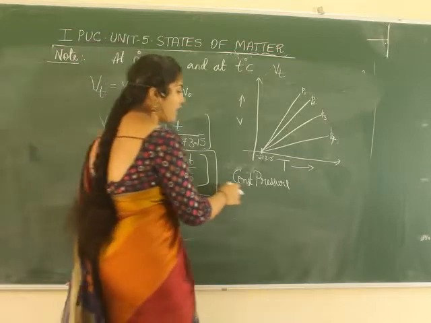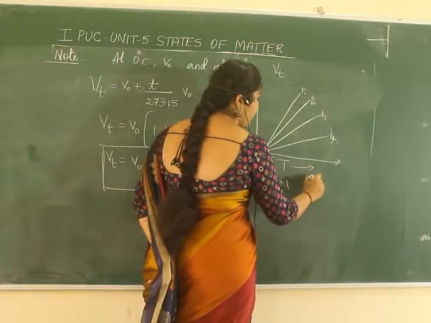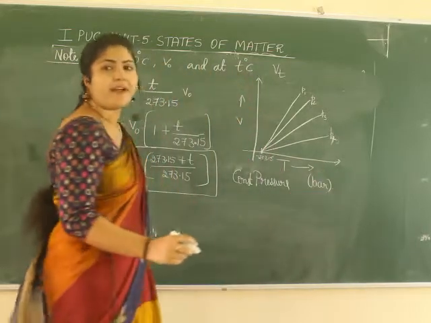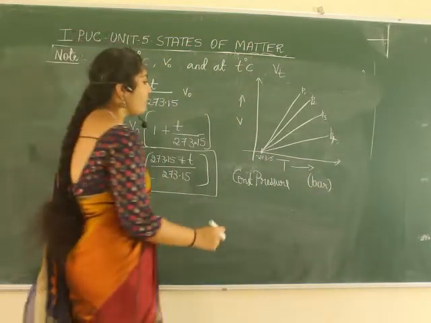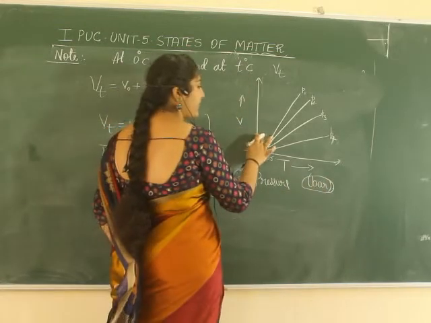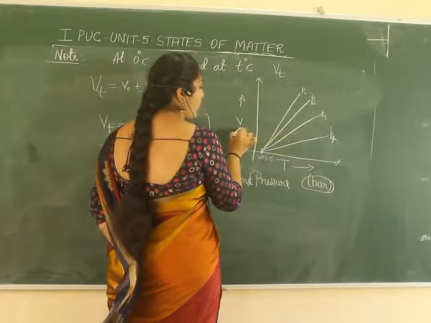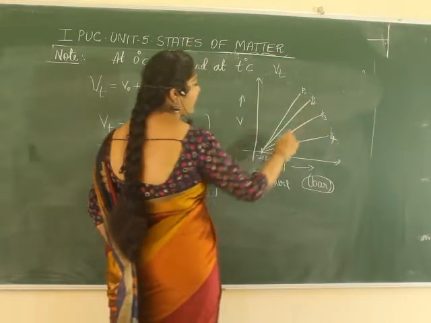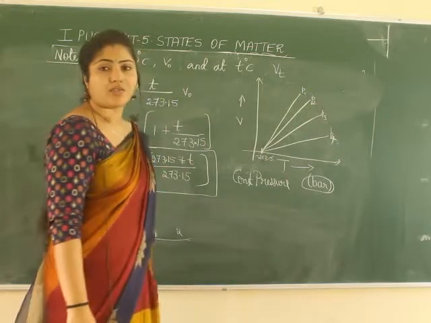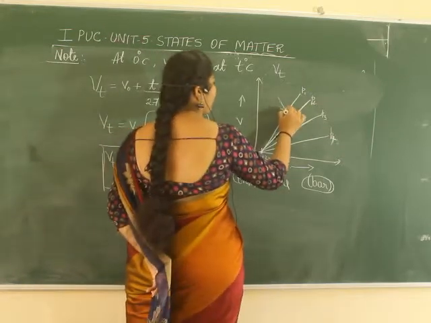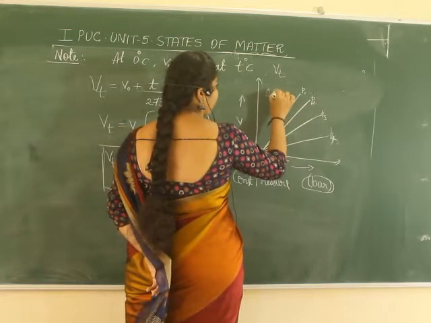Here, for constant pressure, we use the term bar. It is a bar, unit of pressure it is. So the curves or the graph of volume versus temperature at constant pressure is called an isobar. These lines or curves are called isobars.